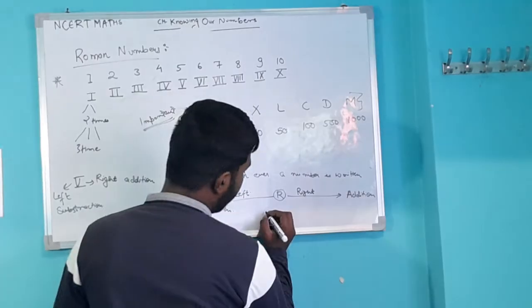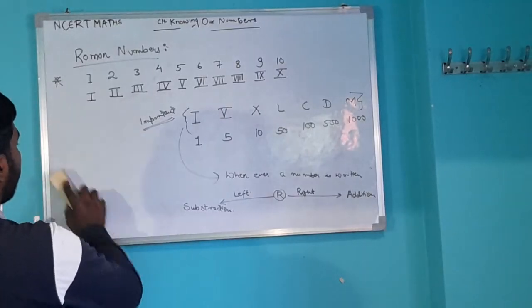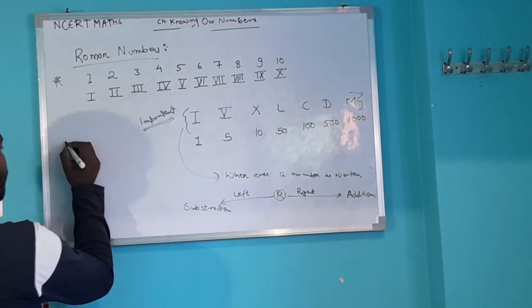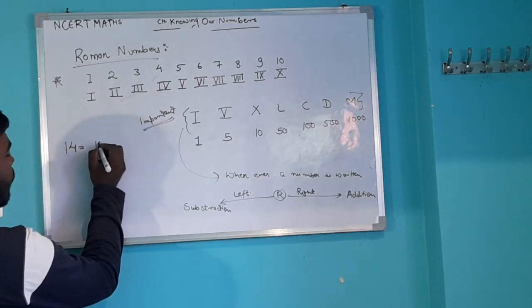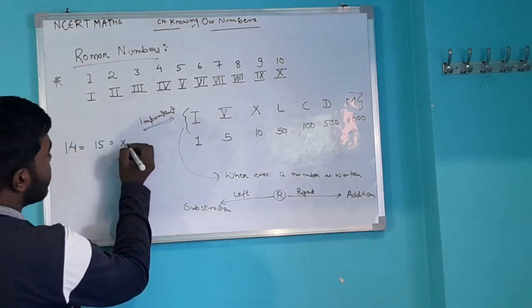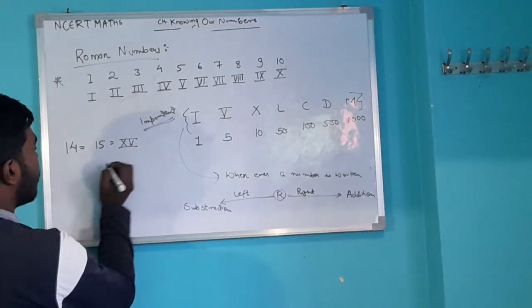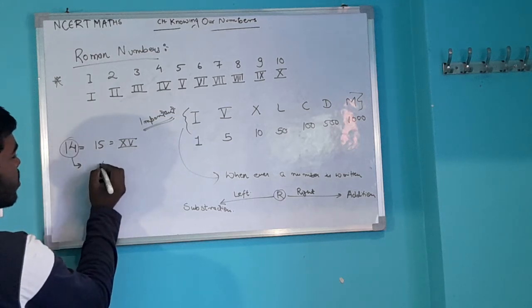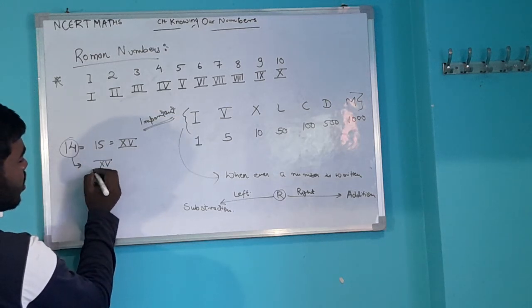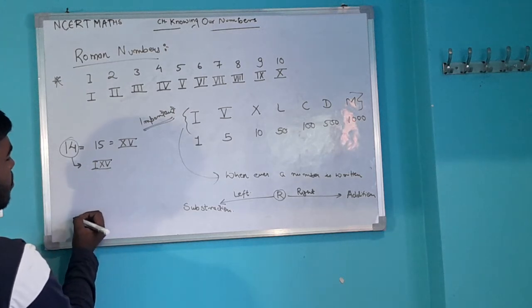According to this important part, whenever we need to write 14, it is nearer to 15, which is written as this part, 10 plus 5. And whenever 14 needs to be written, we need to subtract a symbol from 15, then it is written as this one.